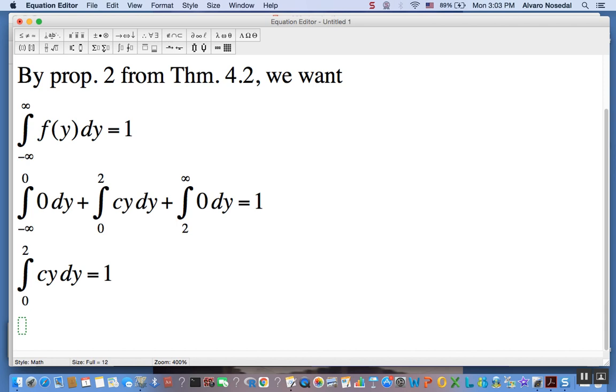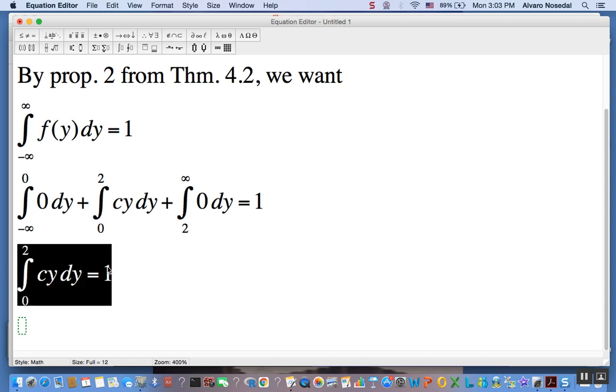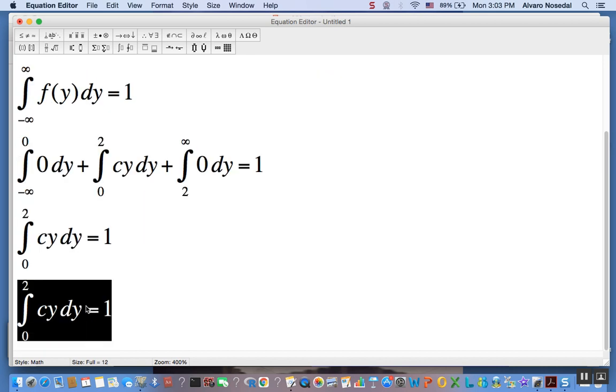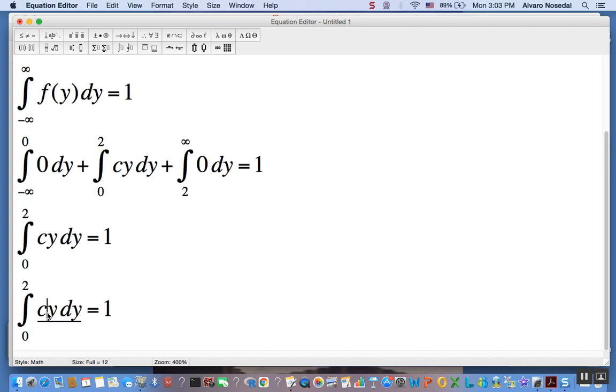Now, note that by the linearity of integrals, we can pull that constant out. So that's what we're going to be doing next. Let's pull that out.